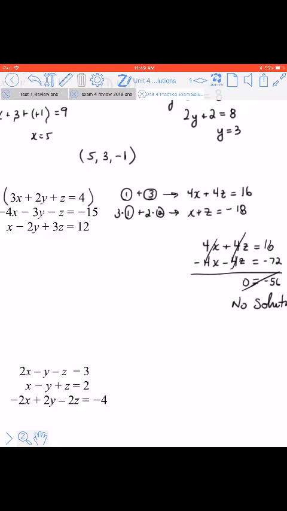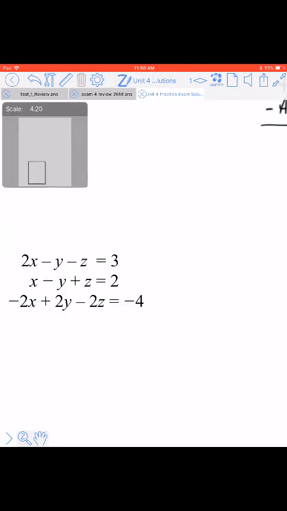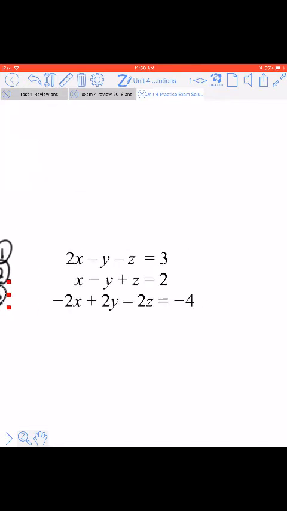Okay, part C. Equation 1, equation 2, equation 3. All right, if I want to add equation 1 and 3, that'll be helpful because x will eliminate.